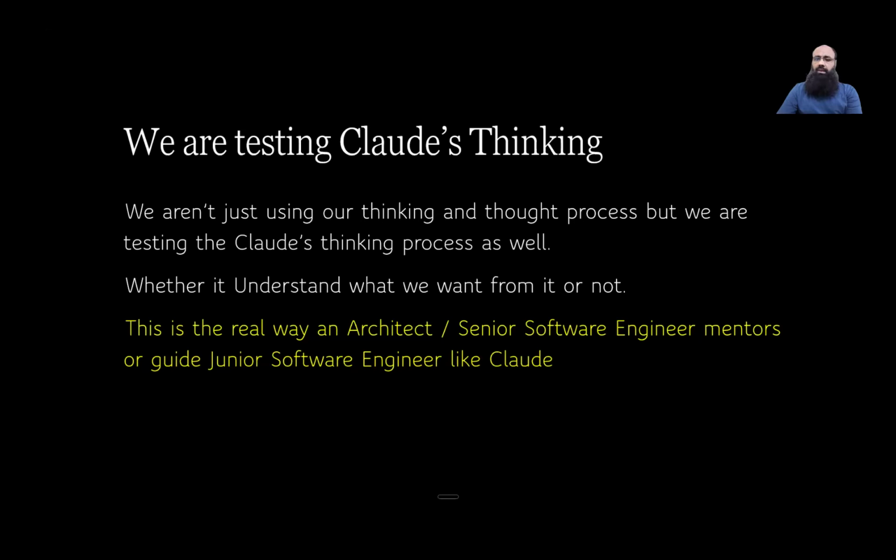This is the real way an architect or software engineer works, mentoring and guiding junior engineers like Claude Code. This is the mental model we need to establish: Claude Code is going to ask us certain questions, and we answer based on our understanding, judgment, and the way we want things to be produced.